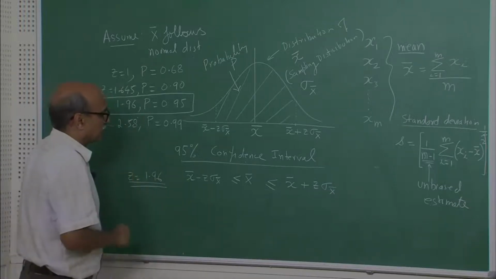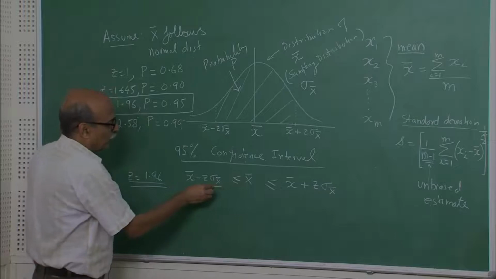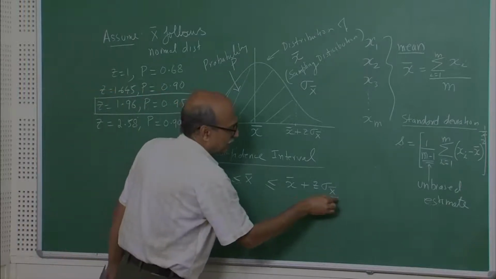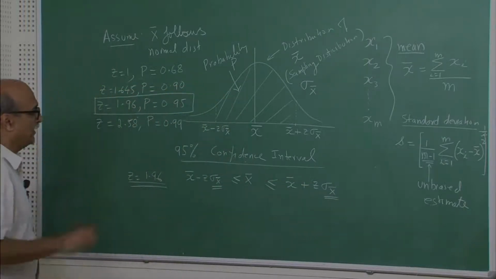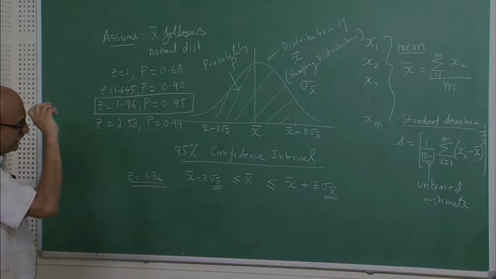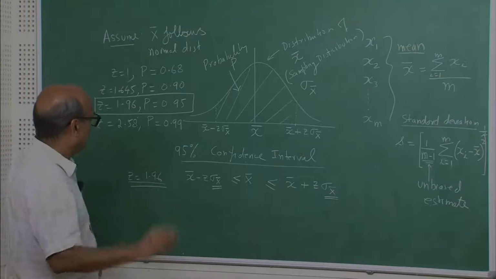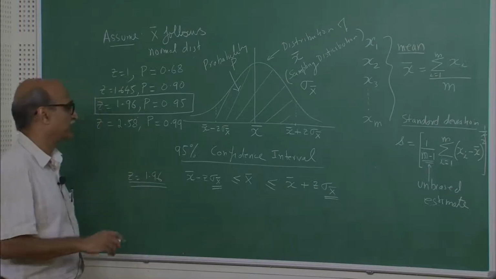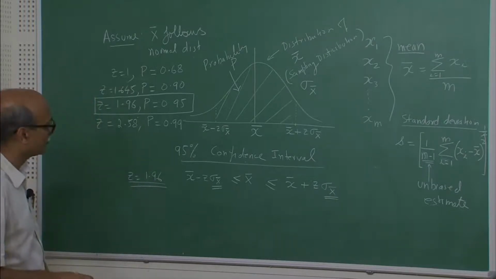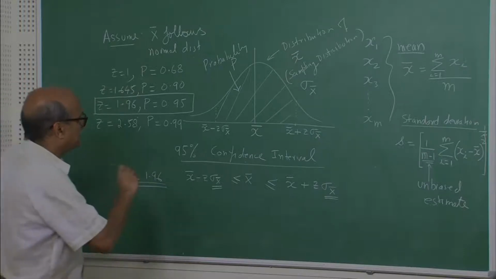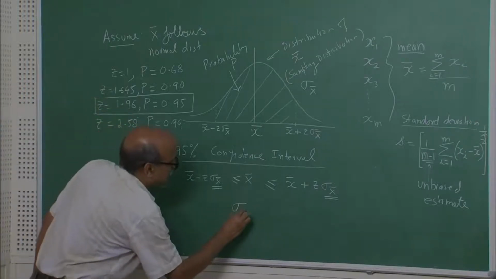Now, the next question arises: how do I find this sigma x bar? Statistical analysis shows us, and I am not going to give you a proof here, but any statistical textbook would carry this proof and it is a very straightforward proof, that sigma x bar can be estimated.